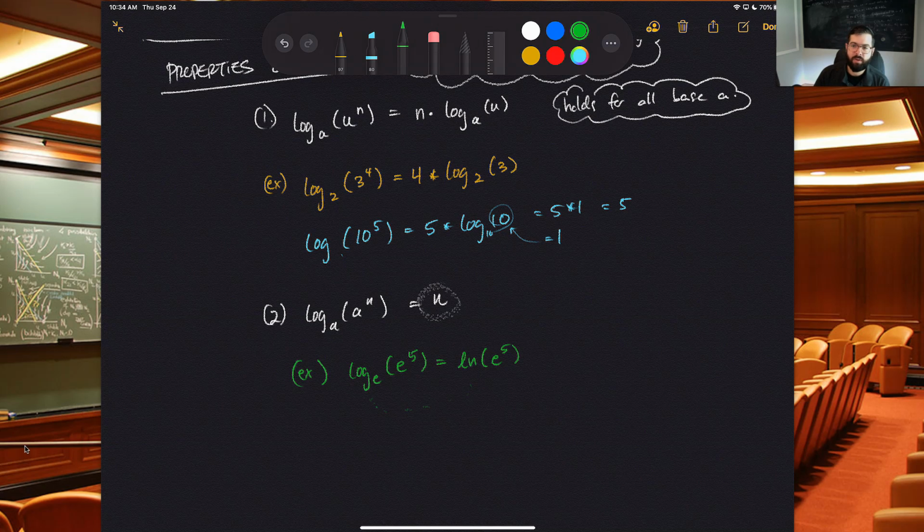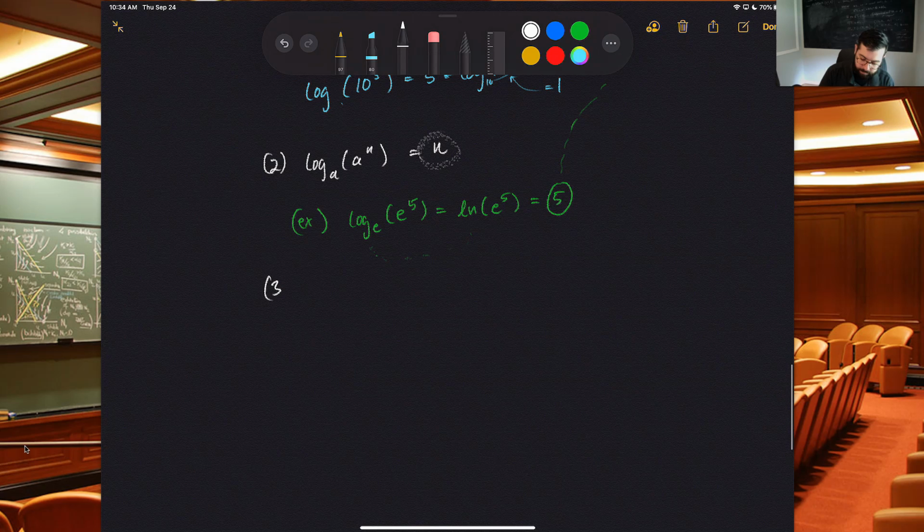What is the power of e that gets me e to the fifth? That's just 5. So that's kind of a way to speed up this process using this property. If you already have within the function of log the same base as the logarithm you're taking, this will always simplify to whatever that exponent is, and it has to.